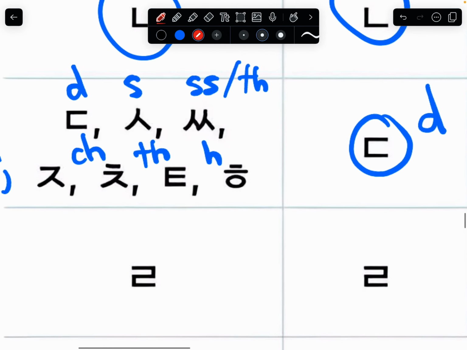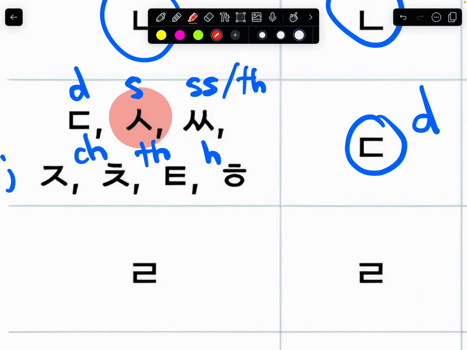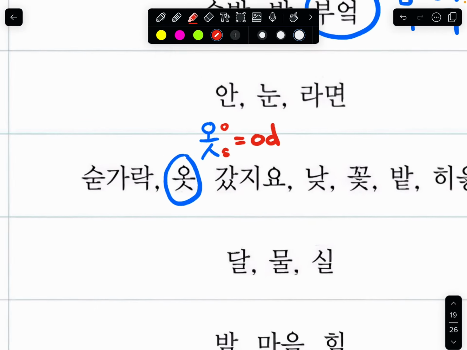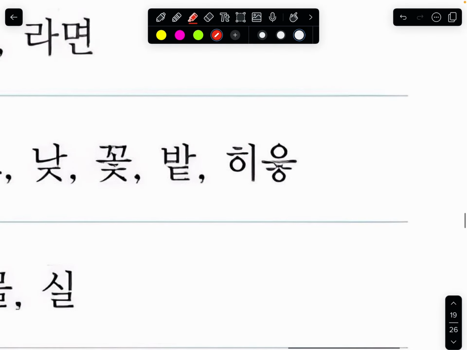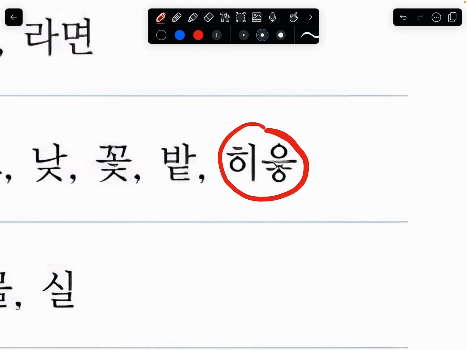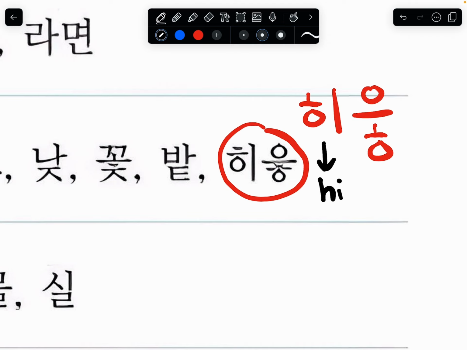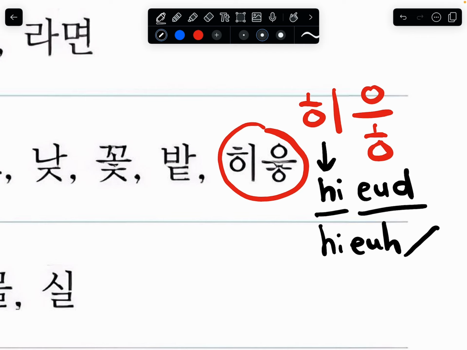Because when S becomes badchim, it will become D. Okay? Same as this one. This one is H-I-E-H. Okay? So the sound is he, and then there is it. He, it. Okay? This is wrong. The sound will be he, it. Okay?